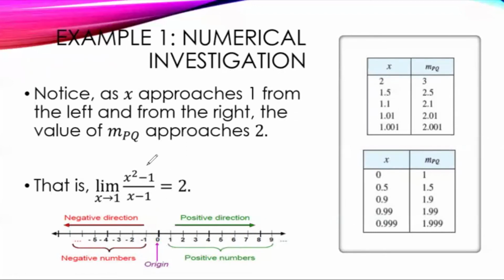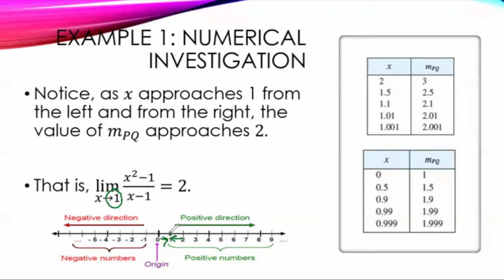So applying the definition of limit, we let x values approach 1. So we have to consider from the right of 1 and from the left of 1. So this is our 1, and we have from the right of 1 and also from the left of 1.